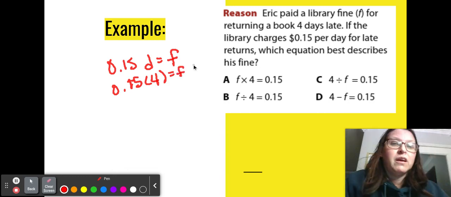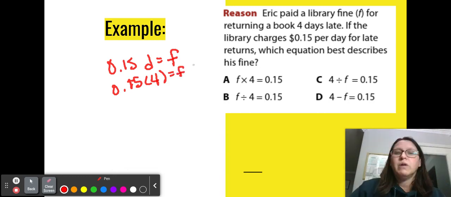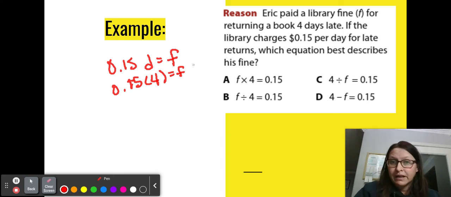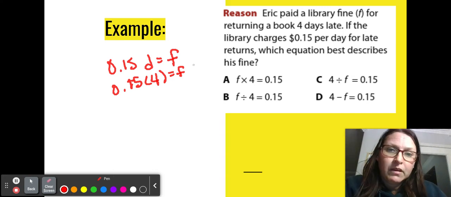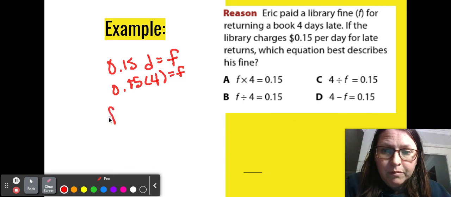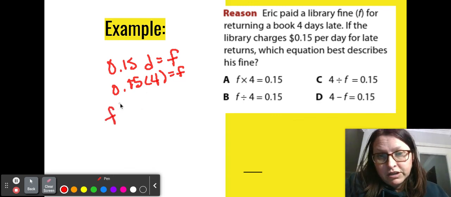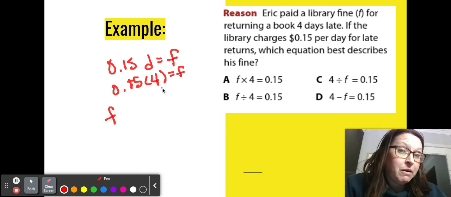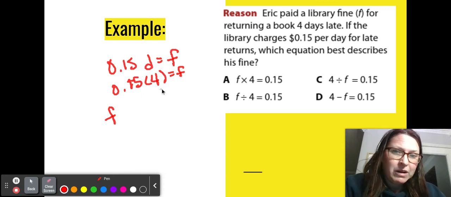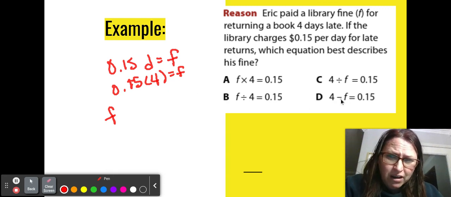But they want me to think, okay, what's another way I can do it? What do I know about solving an equation? Either I've got to divide by 0.15, or I've got to divide by 4. And when I'm looking at these options right here, I'm seeing I need to divide by 4.